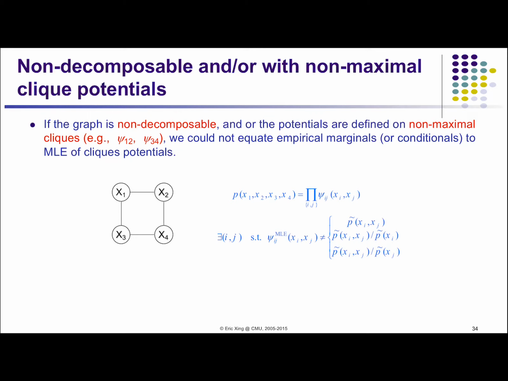Well, it's not chordal, right? If there was an edge from here to here, I would have been fine, although there's a loop. And also cliques are defined over the joint. So if I had a chord and my cliques were defined like this and this, I would have been fine. But because it is not, the graph is not decomposable, I cannot do the same thing.